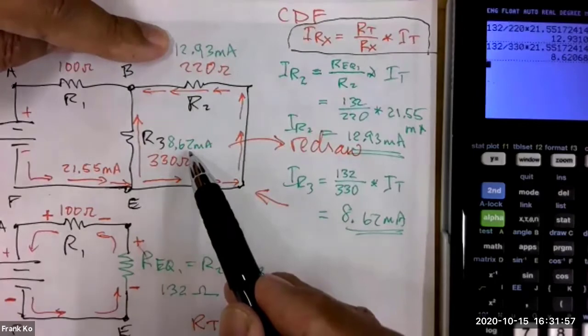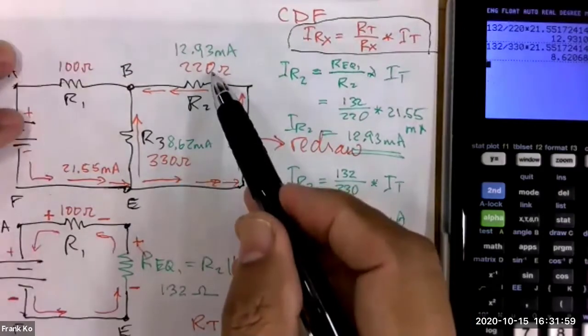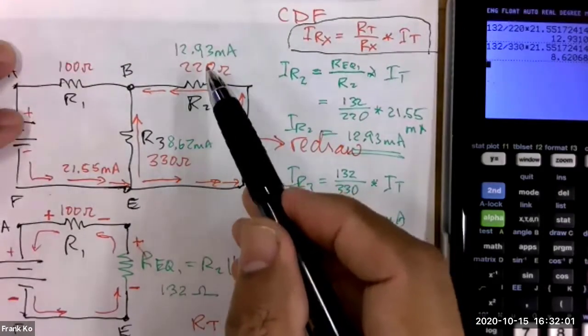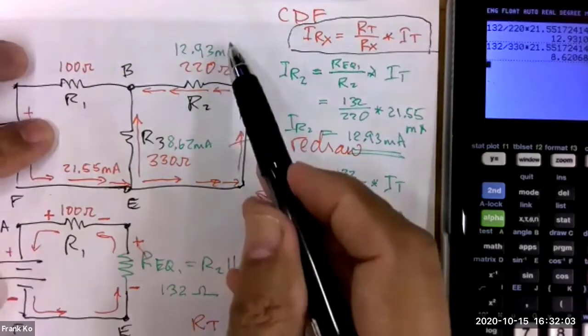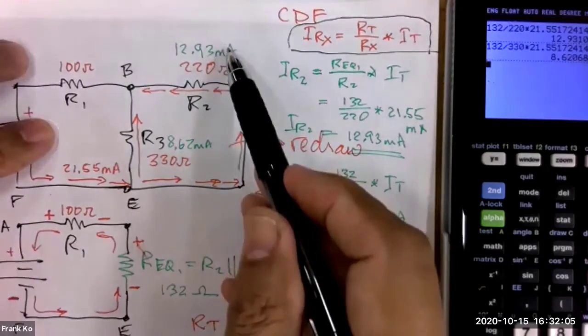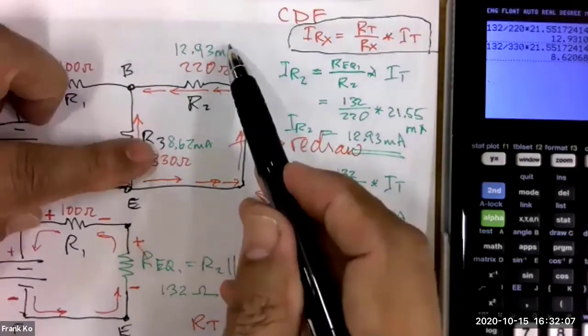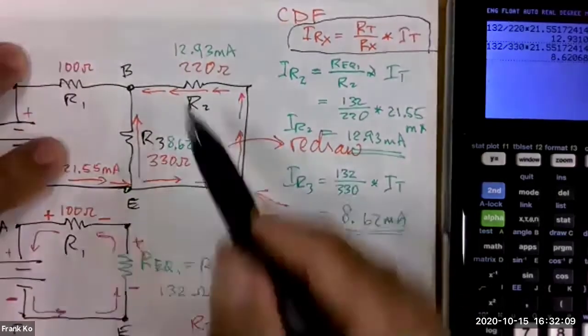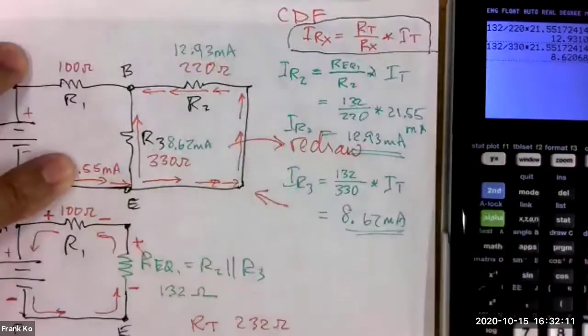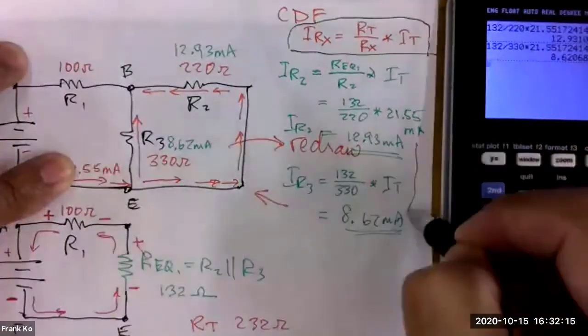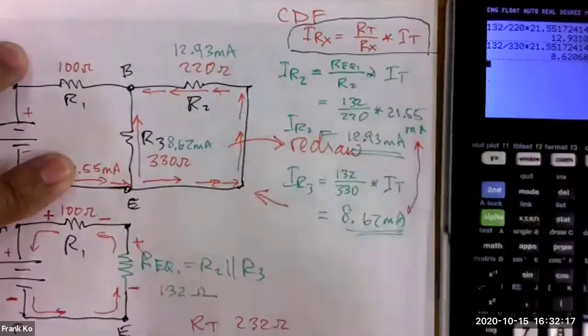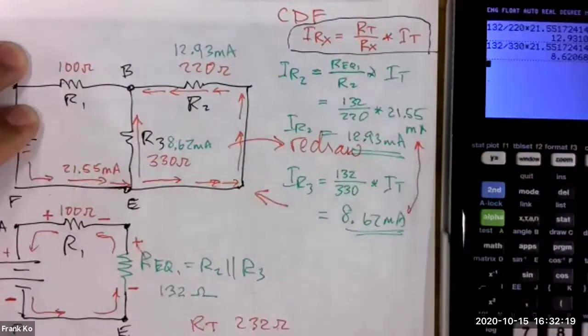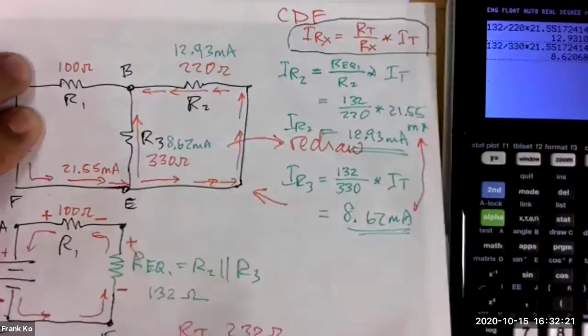Yes, it does. R2 is the smaller ohms of the pair that are in parallel. Should it have the higher current? Because less ohms means higher current, and this has the larger current of these two currents. So, do these two currents add up to give us back our total of 21.55 milliamps? And if you go to do that, yes, they do.